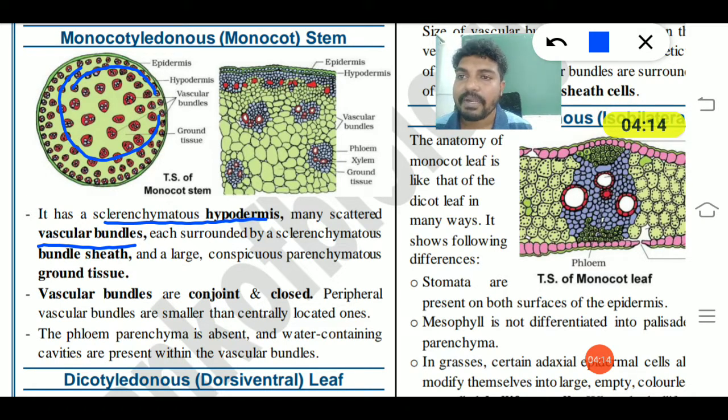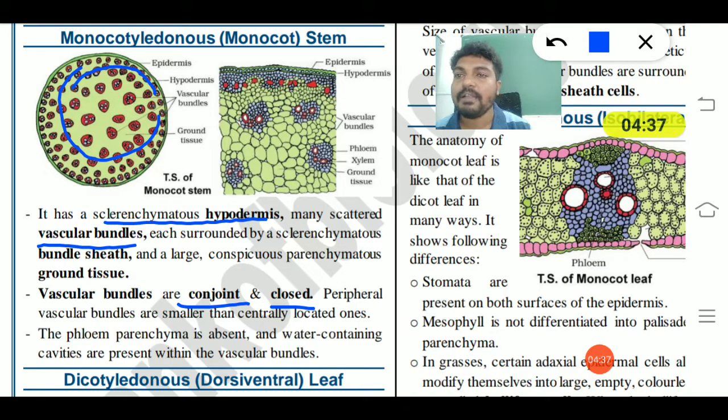The vascular bundles are surrounded by a sclerenchymatous bundle sheath, and they are conjoint and closed, meaning xylem and phloem lie on the same radius but vascular cambium is absent, so there is no secondary growth at all.